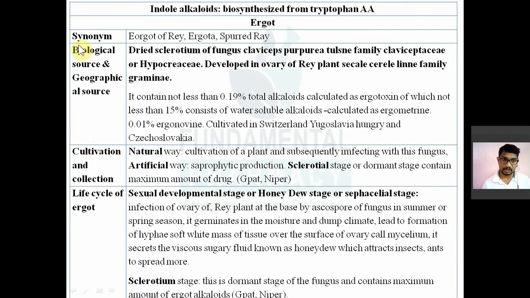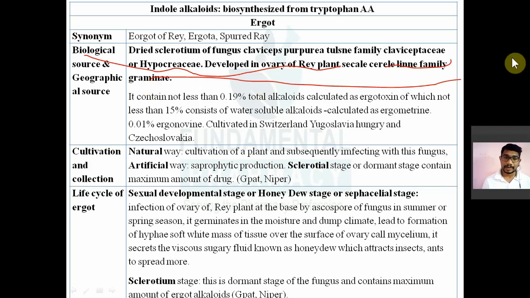Biological source once again: dried fungus of Claviceps purpurea, family Clavicipitaceae, developed on the ovary of the rye plant known as Secale cereale, family Gramineae. ये एक्चुअली फंगस होता है दैट अफेक्ट द ओवरी ऑफ रे प्लांट. जो राइस का प्लांट होता है उसके ऊपर जहाँ पे राइस बनता है फ्रॉम द ओवरी ऑफ दैट राइस प्लांट.